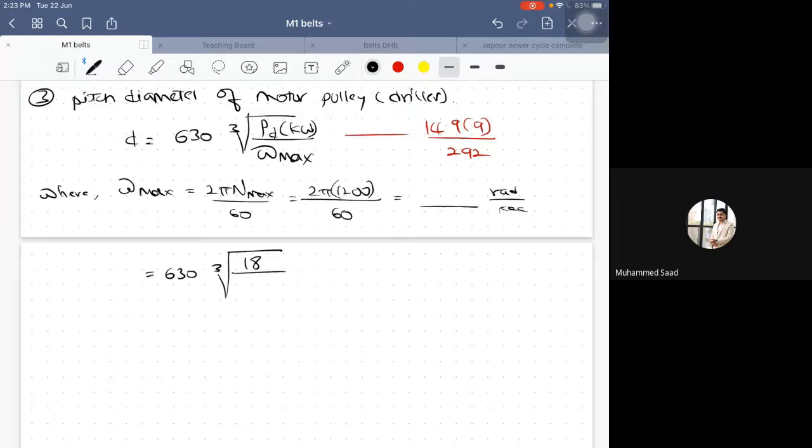So what is the omega max value? 125.66. Please do substitute and give me the value of d.